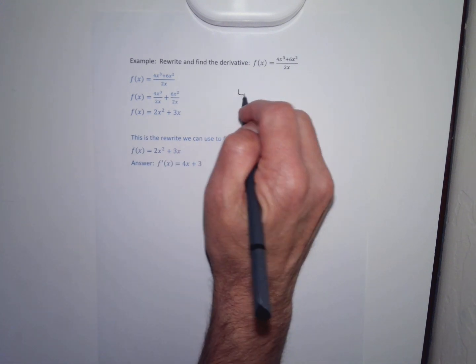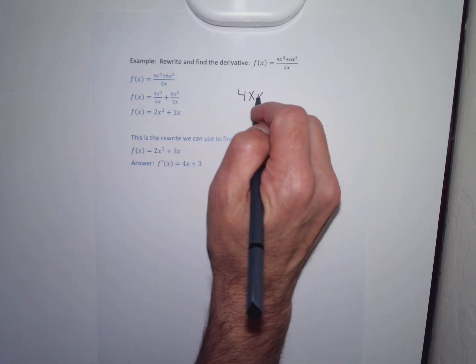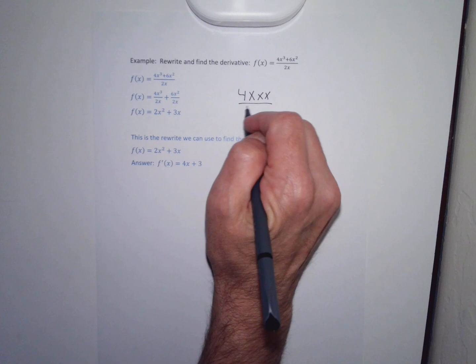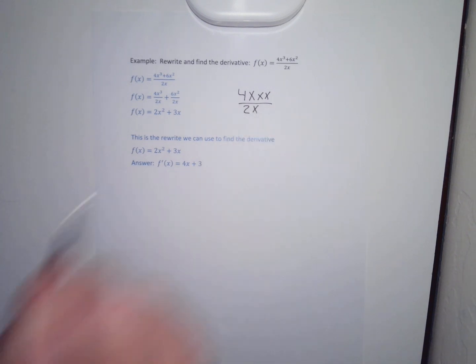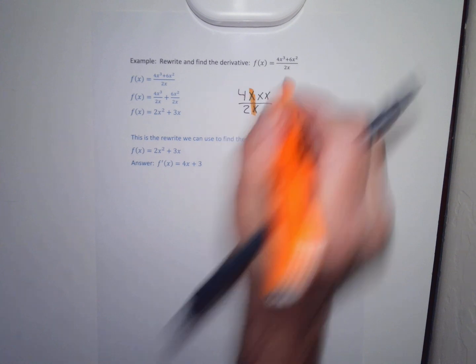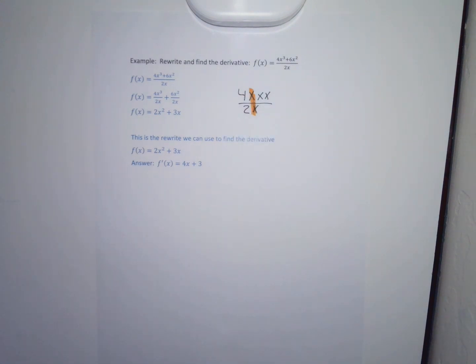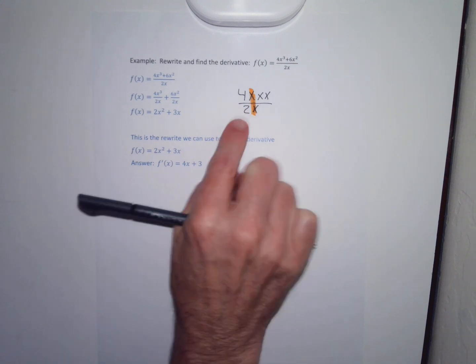The first fraction, 4x cubed over 2x, I need to reduce it. It's going to have a variable of x squared because the numerator has 3 x's, the denominator has 1. I could cancel one of the x's, and the 4 over 2 is 2.